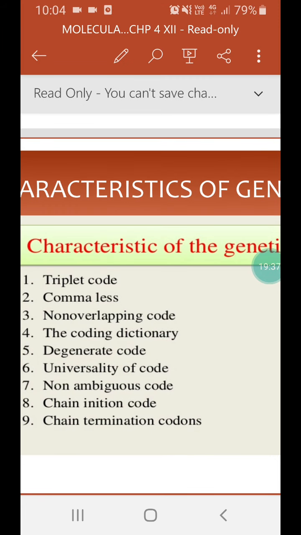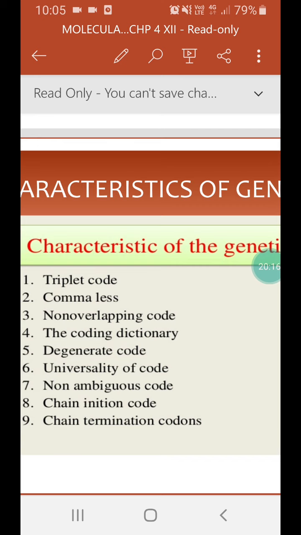Then polarity is one of the important features of the genetic code. It can be read only in the 5' to 3' direction of mRNA. The genetic code has start and stop signals, and the codon AUG acts as the initiation codon, which codes for methionine, while the codons UAG, UAA and UGA serve as stop codons.